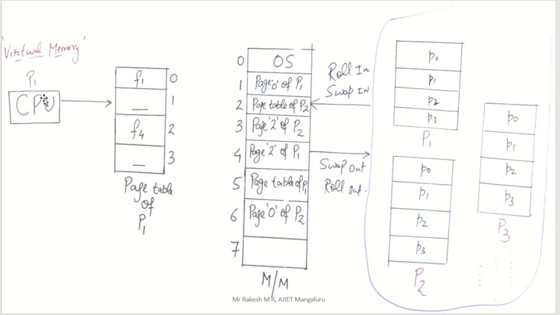It asks the memory: first the logical address goes to the page table. The logical address contains the page number and process number. So it goes to the page table of process 1, because it is asking for page 3 of process 1. That's why it checks the page table of process 1.